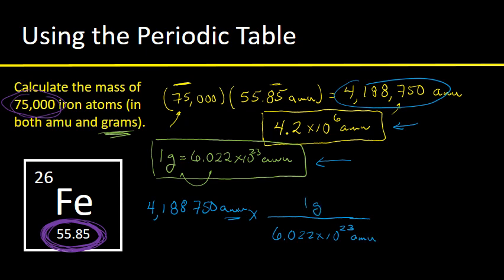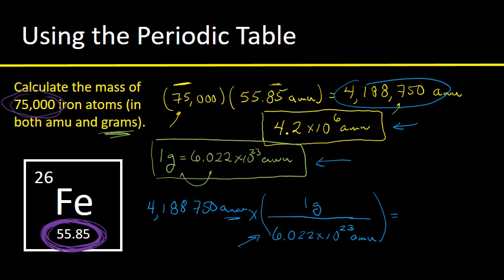So we want to check and make sure that when we do this, we have this fraction set up correctly. If we did this part here wrong, we might get a result like, I don't know, something like 1.5 times 10 to the 20 grams. And that's like approximately the weight of the Earth or something, right? So that's got to be wrong. We want to always look at our answer and make sure that our answer makes sense.